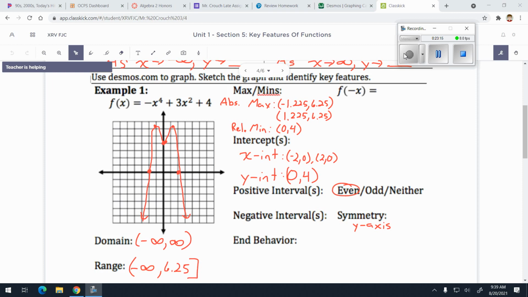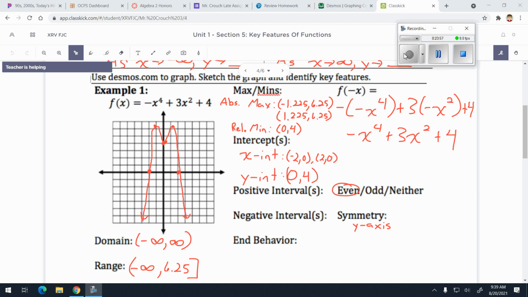Even. So that's how we can tell it there too. If you don't know, you don't want to guess, you can always plug in negative x into the function and see what happens. So negative x to the fourth comes out as positive, so it's negative x to the fourth. Negative x squared comes out as positive, so it's still plus 3x squared. And then plus 4. And notice you get the exact same thing you started with. So that's why it's even.